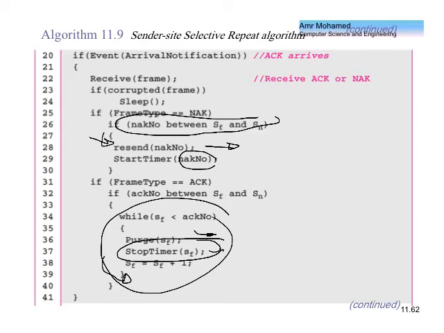So for the sender, there are two main differences. One is the use of negative acknowledgement, and the other one is the use of an individual timer for each frame. Those are the two main differences for the sender.